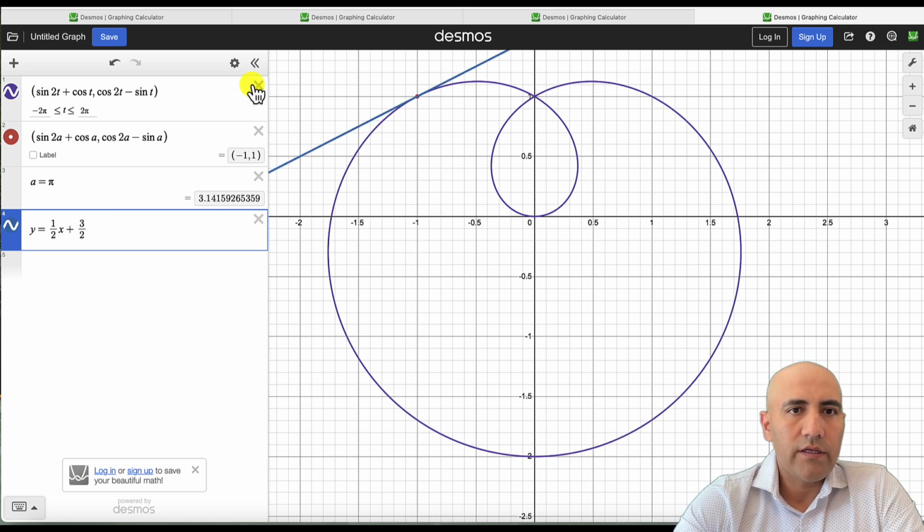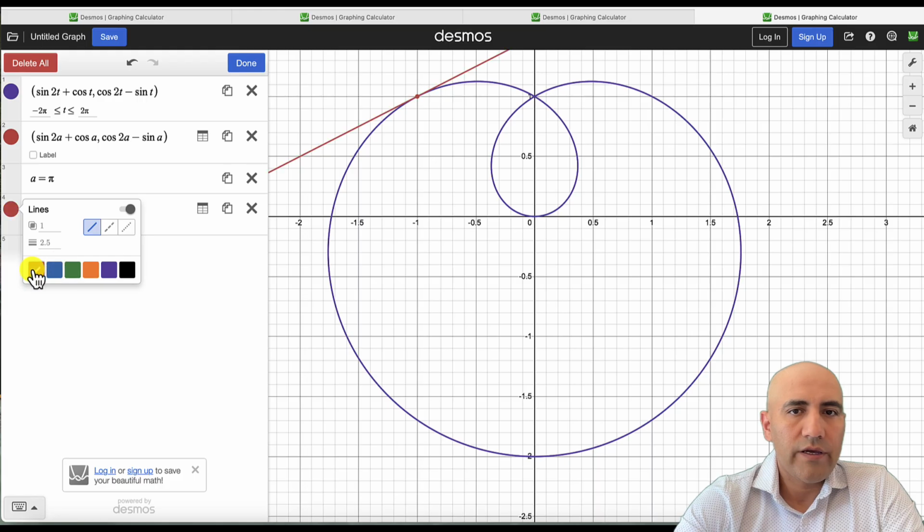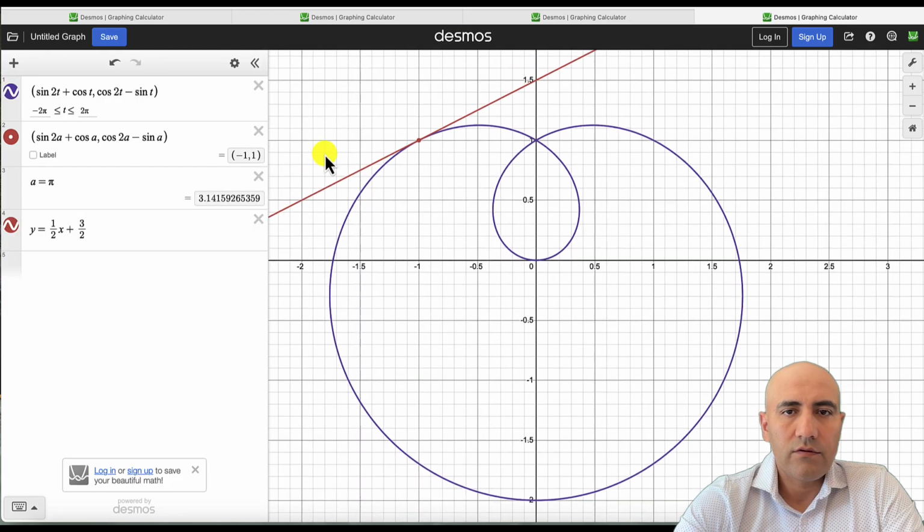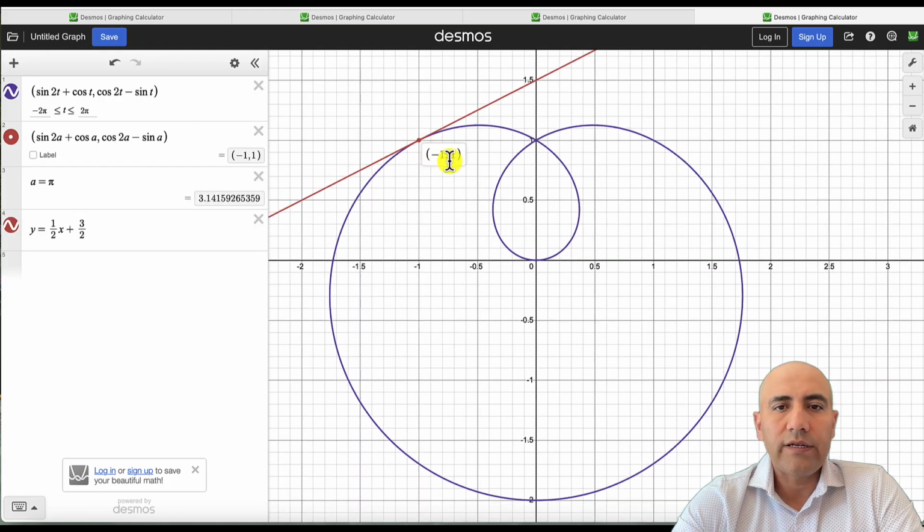So let's put it in red. There it is. So here is our point -1, 1, and here's our tangent line in red at that point, whereas this is the equation: y equals 1/2 x plus 3/2.